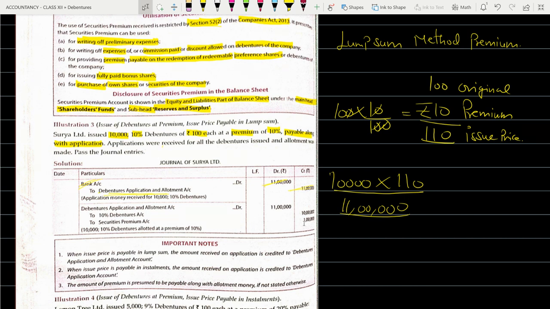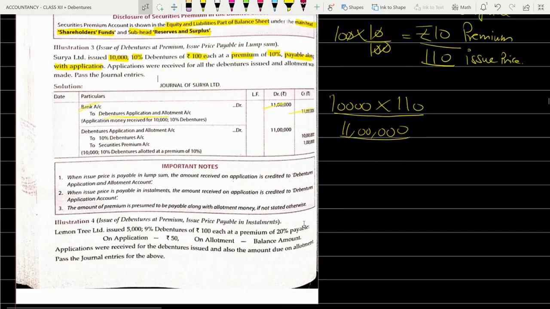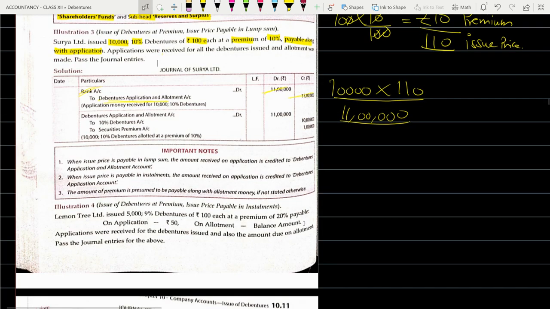Allotment date was not given. That's the reason you didn't quote the date. And here you don't have the issue date, you don't have the allotment date. So that's the reason you have not put those dates in your date column. Can you understand the logic? Yes, sir. Okay. So moving on to the next one.